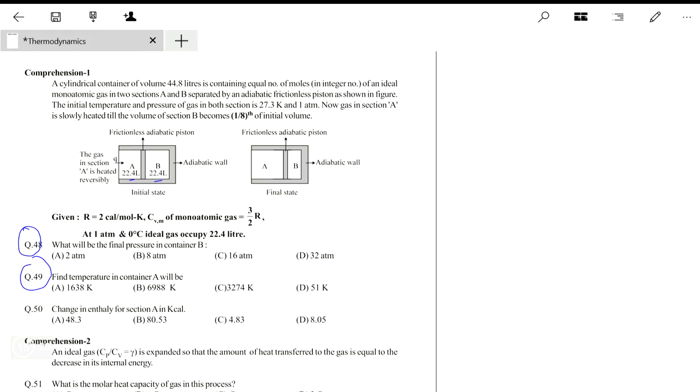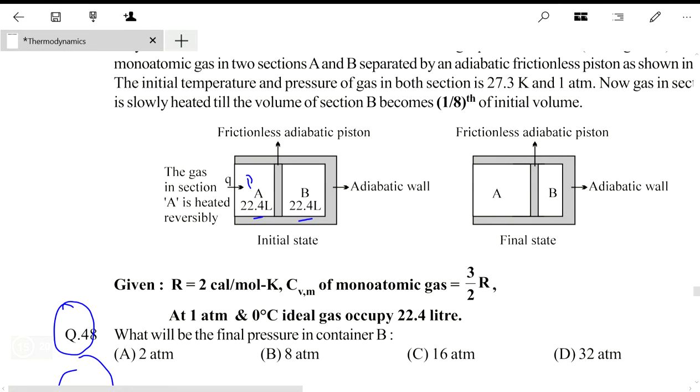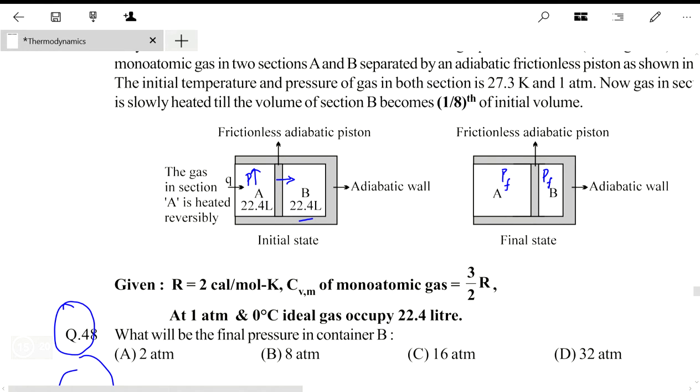As you heat it, pressure in this section builds up. As a result, this will force the piston to compress the gas in section B as well, so that at the end, the pressure in both A and B will be the same. That's always the condition for mechanical equilibrium. Pressure cannot be different across a movable boundary.